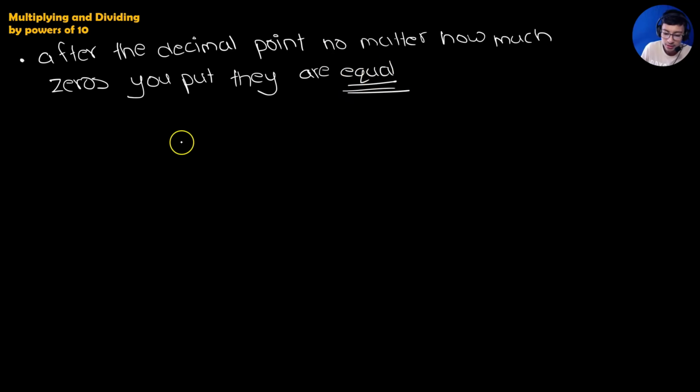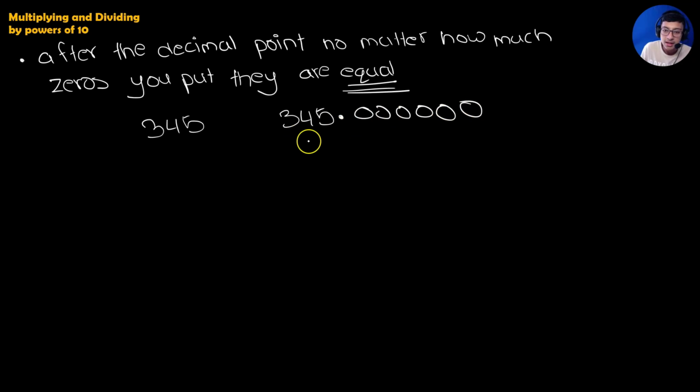For example, if you have 345, and even if we put 345 decimal point, a random bunch of zeros, it doesn't mean that this one is bigger. No, that is totally wrong.